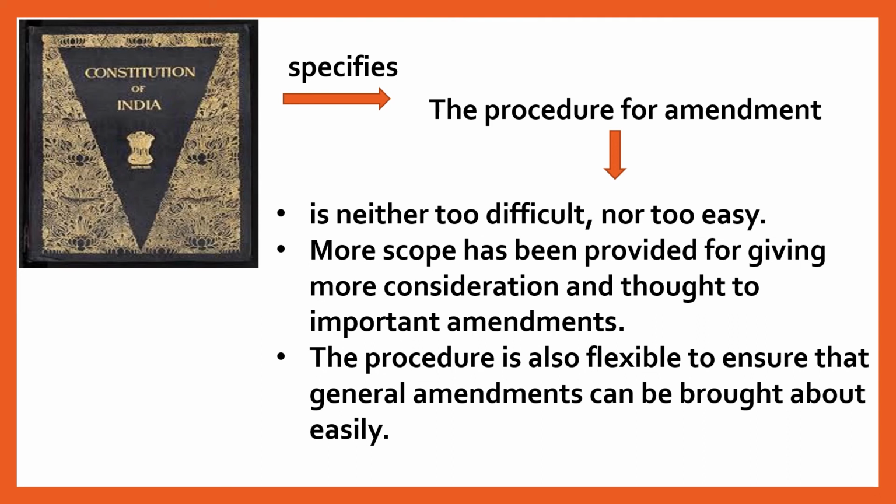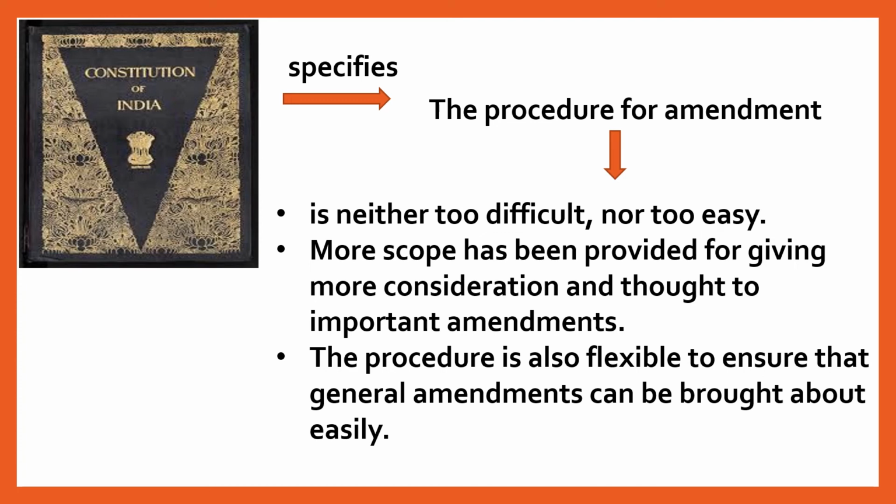It is the Constitution of India that specifies the procedure of making amendments in our country. The procedure is neither too difficult nor is it too easy, but all the steps have to be followed as stated in the Constitution.